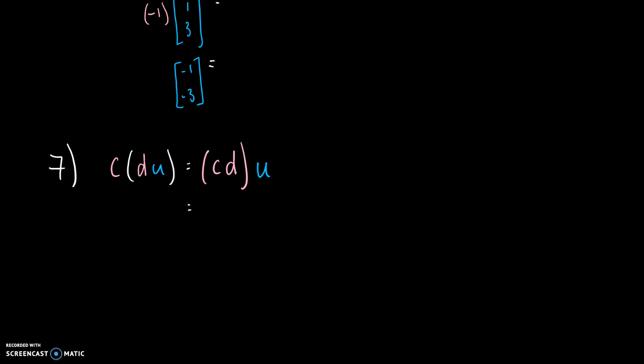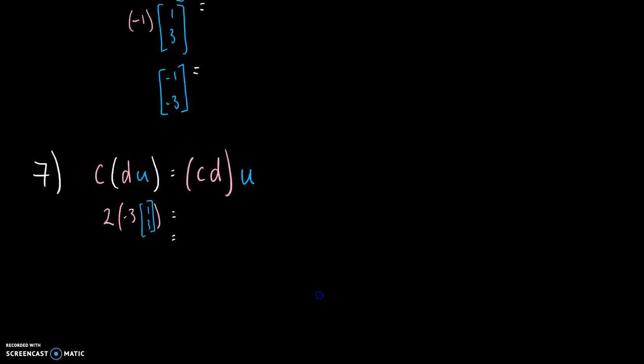So what do we have in our example from above? We have 2 times (negative 3) times (1, 3). What is that going to equal? So what's on the inside?